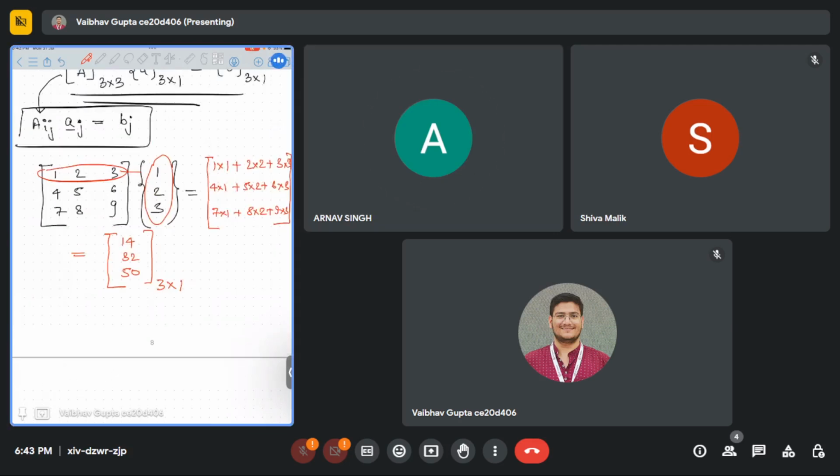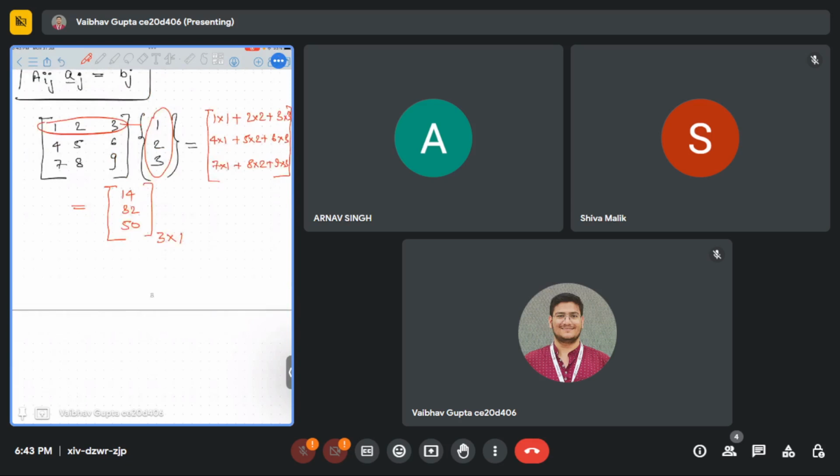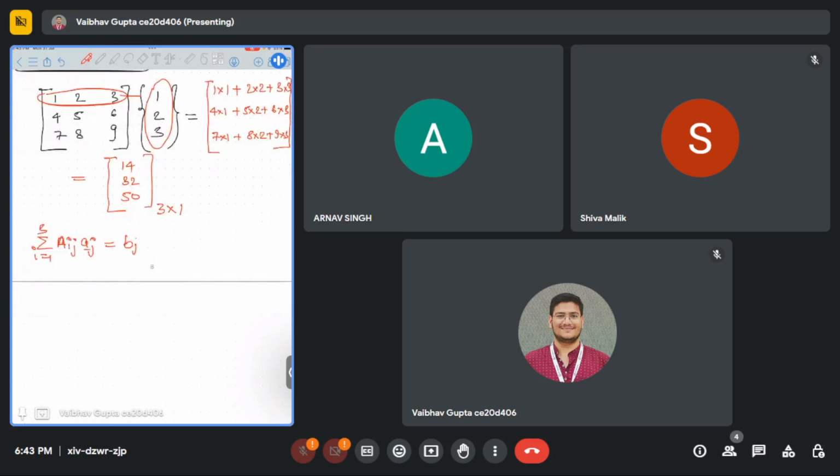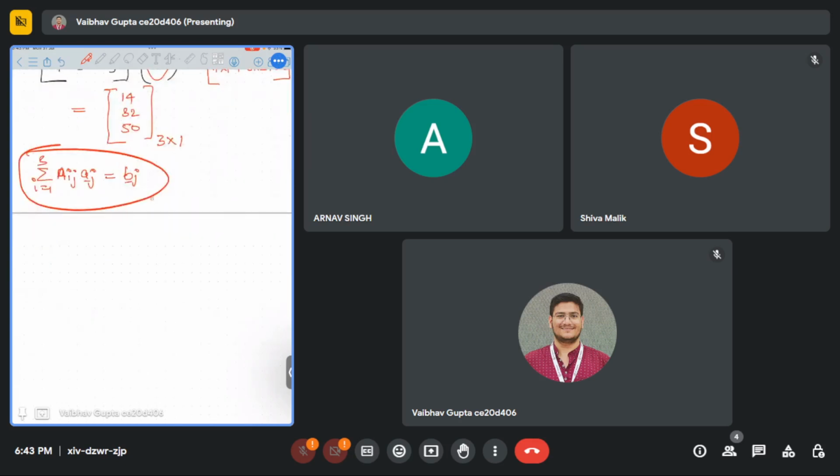Now I'll move one step forward. See, here I am writing for notations. Suppose you have to cut it short also, this thing is nothing but its value from i equal to 1 to 3. You are calculating when i goes 1 to 3. But simply, when we are writing like this, it has some meaning.